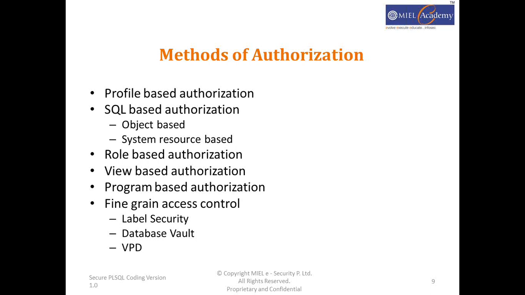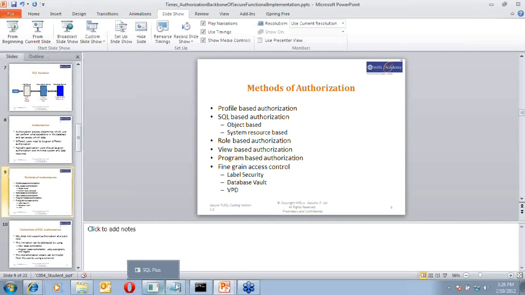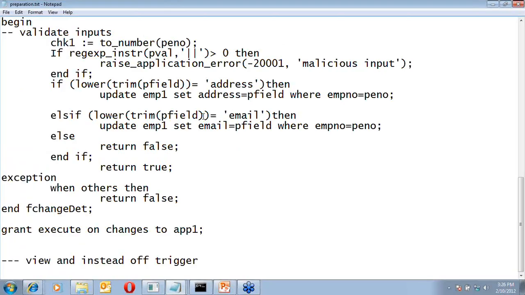Never share the owner schema credentials with front-end applications for connecting to the database. They should not be connecting to the database as the owner user. So what should we do? We should request our database administrator to create a separate user.